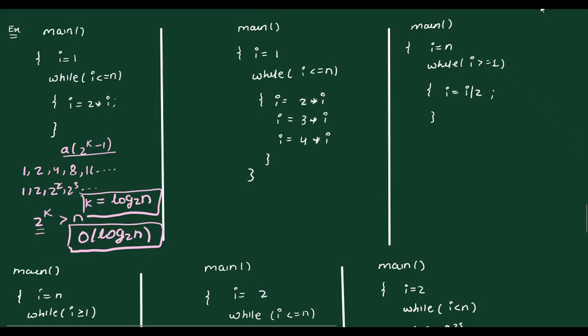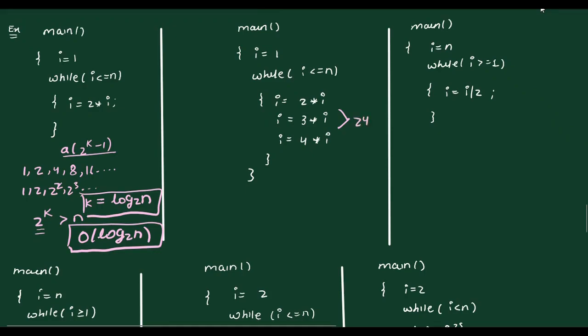Now let us look at this question. In this question, i starts from 1. Each time we are multiplying i with 2, then 3, then 4, and the stopping condition is when i becomes greater than n. So if you see, in 3 basic steps you are multiplying i by 2 into 3 into 4, which is 24, right?